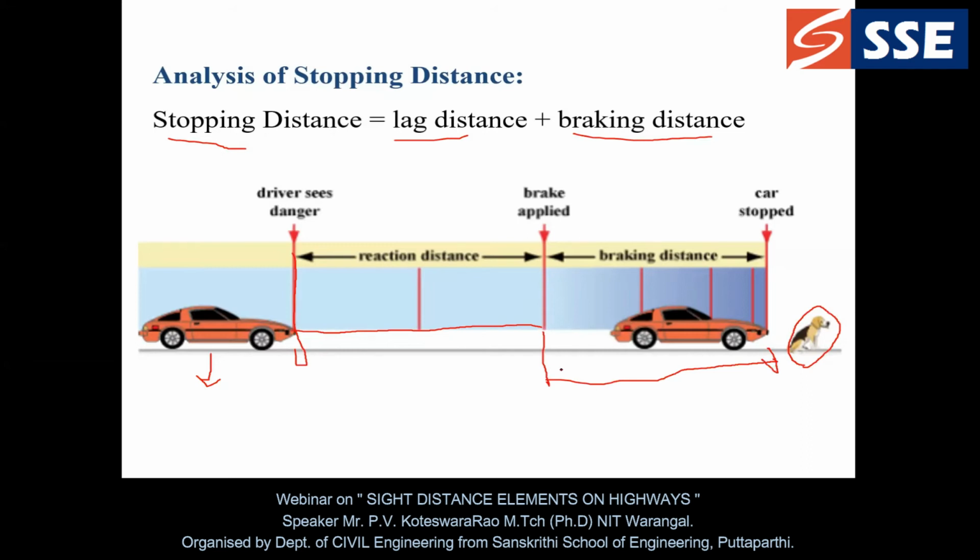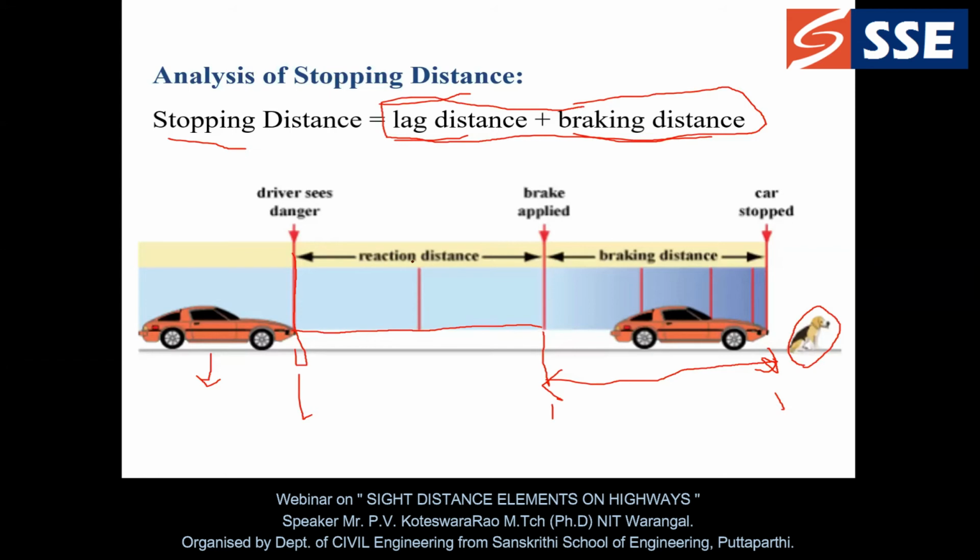So the total distance traveled during the first phase, that is driver attention and reaction time, and the distance traveled after the application of the brakes, together we are calling the stopping distance. Let us see how to get these two distances.